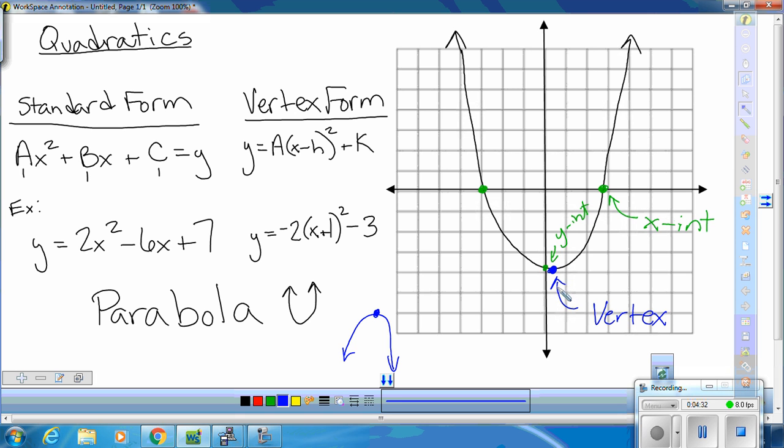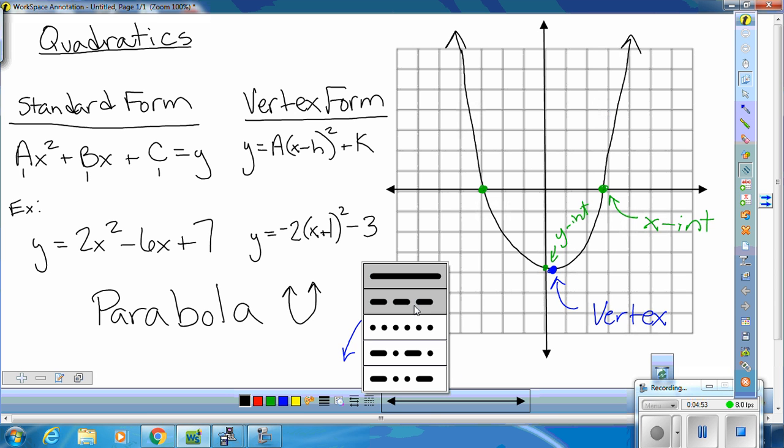It is important to note that a parabola is a symmetrical shape, meaning that it is the same on both sides. It's like a mirror image. So everything lines up and has a partner that pairs up with it on the other side that's the exact same distance away. And so it is a symmetrical shape. It's the same on both sides. And because of that, that means that it has an axis of symmetry.